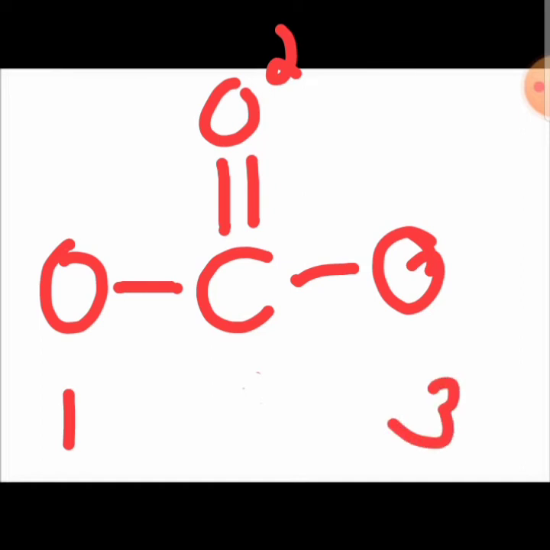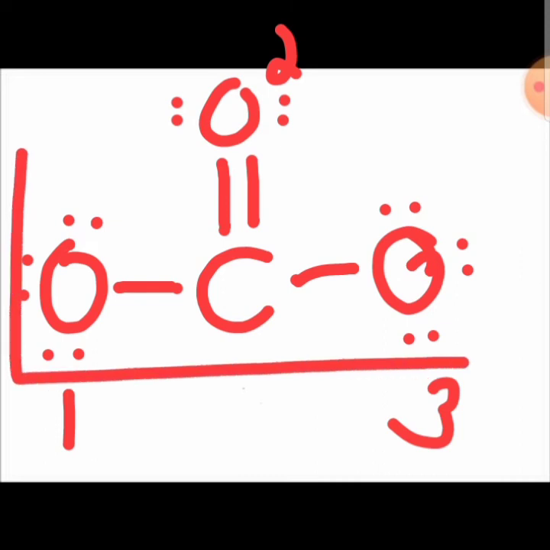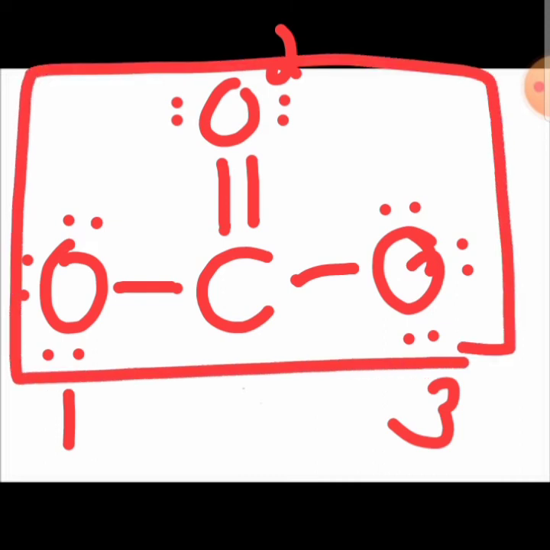On the first oxygen there is only one covalent bond, so 2 electrons, and the remaining 6 electrons I am going to write as 3 lone pairs. On the second oxygen, 2 bonds are there, 4 electrons, so the remaining 4 electrons I write as 2 lone pairs. On the third oxygen there is only one bond, so the remaining 6 electrons I write as 3 lone pairs. Now this is the Lewis dot structure of carbonate, CO3 2 minus.